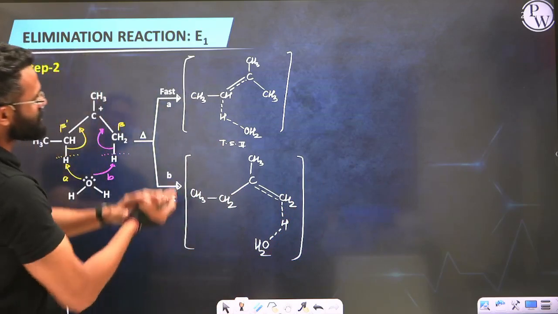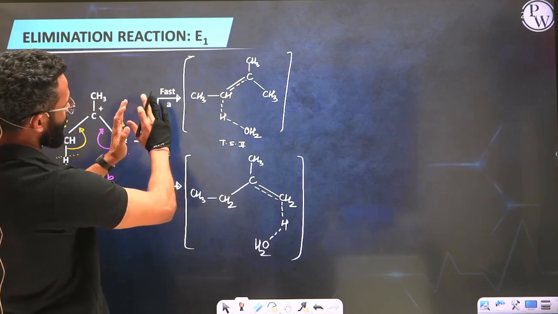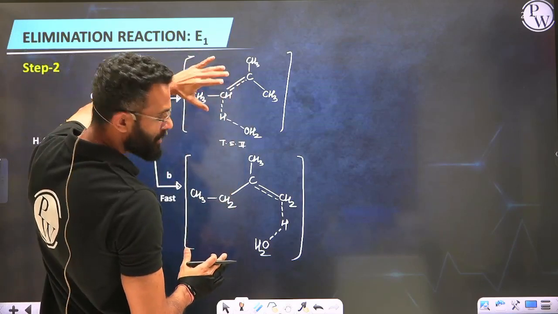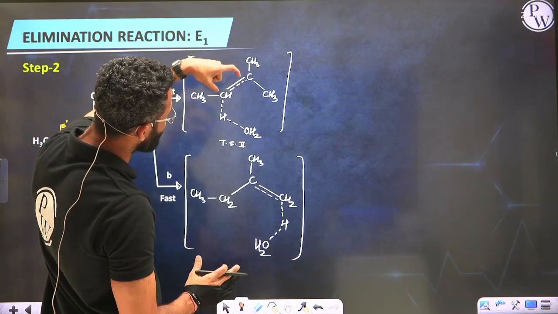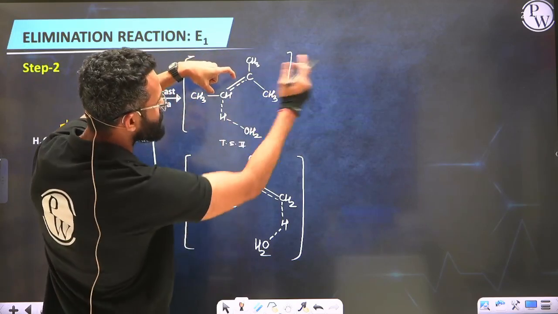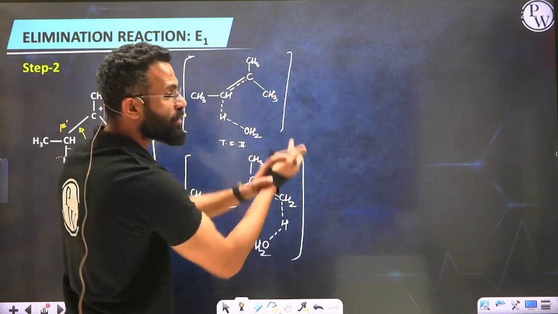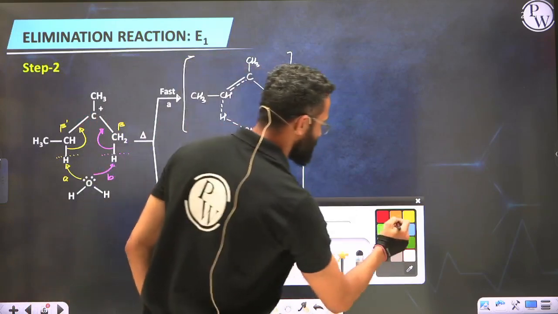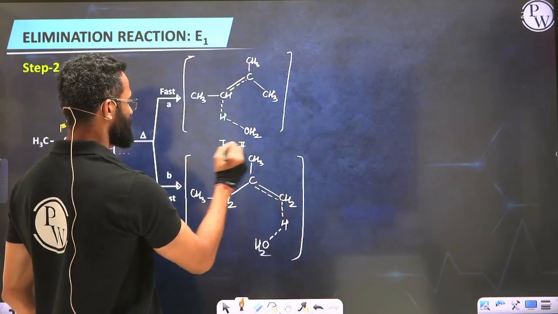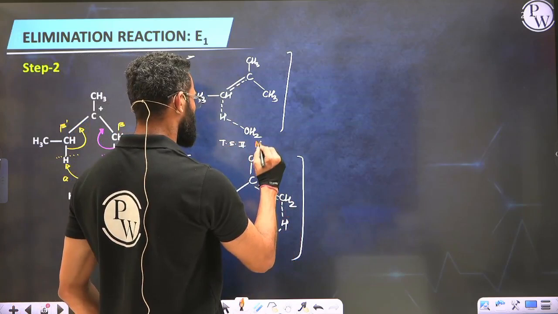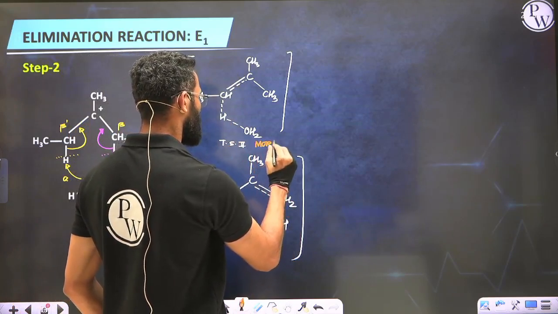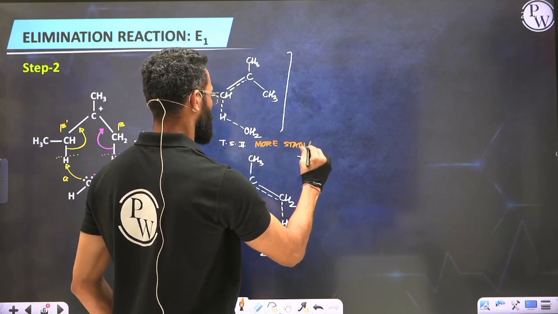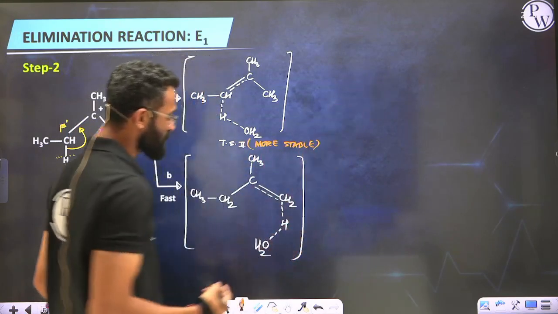If you see the first transition state, I mean the transition state via path A, this transition state is more stable because it is developing a double bond character such that the corresponding alkene form is going to be the more substituted alkene. Hence, this is the more stable transition state. So, transition state 2 here is more stable. Hence, the corresponding alkene will also be more stable.